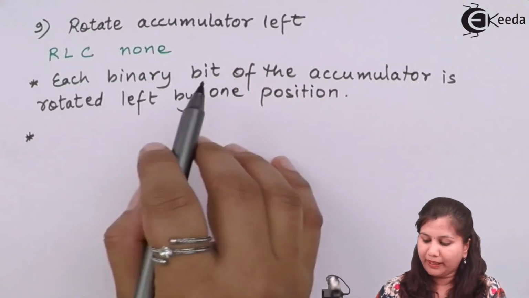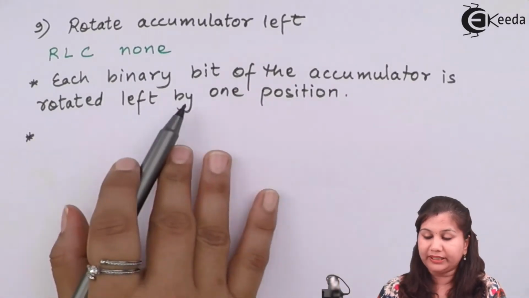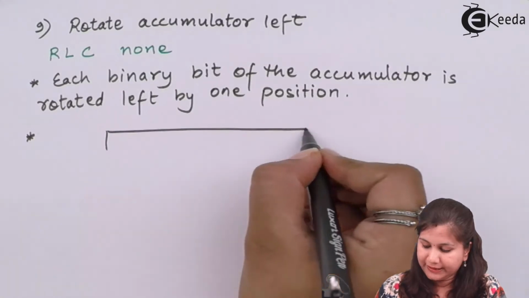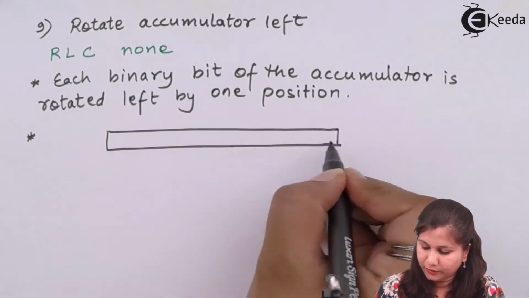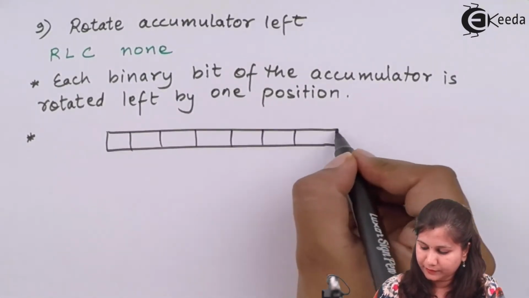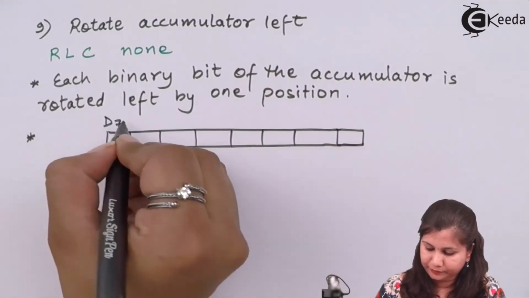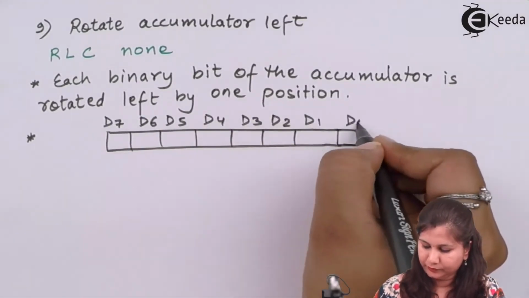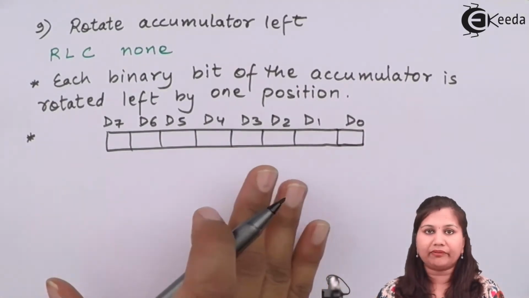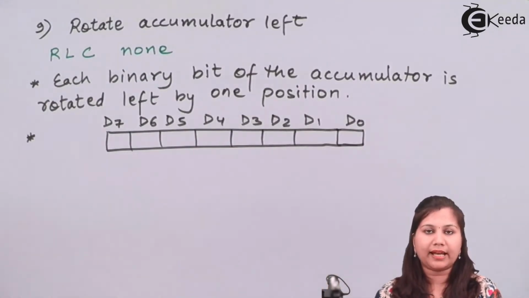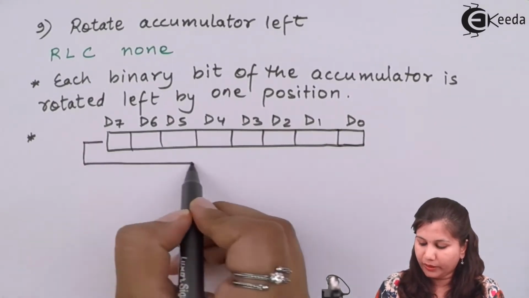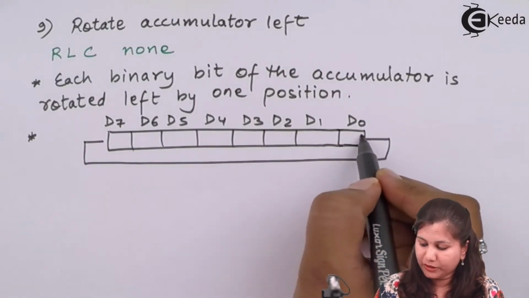So in this, each binary bit of the accumulator is rotated left by 1 position. The accumulator is an 8-bit register. So all the bits will be rotated to the left hand side by 1 bit. The D7 bit will now go into the D0 position.